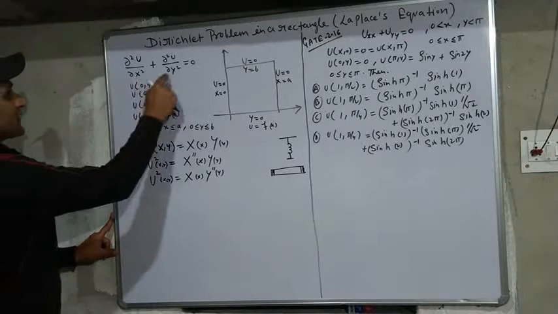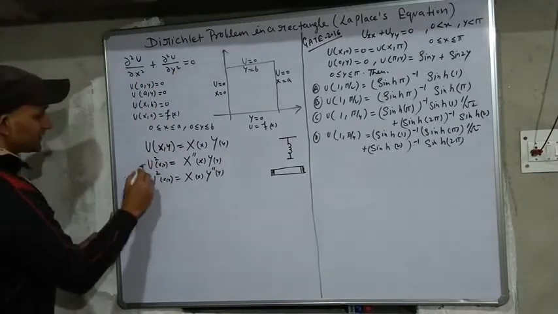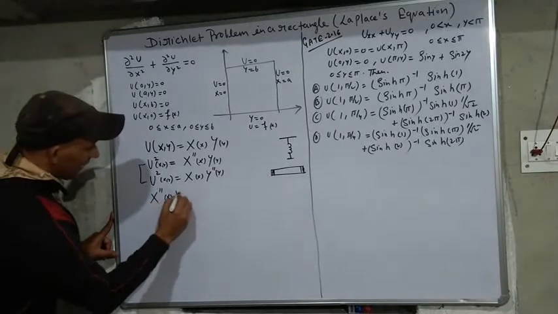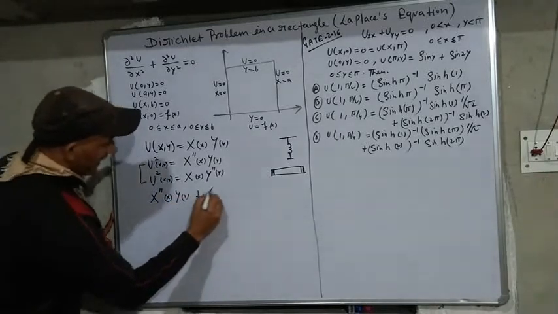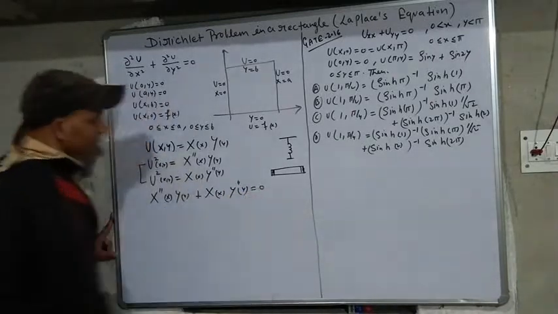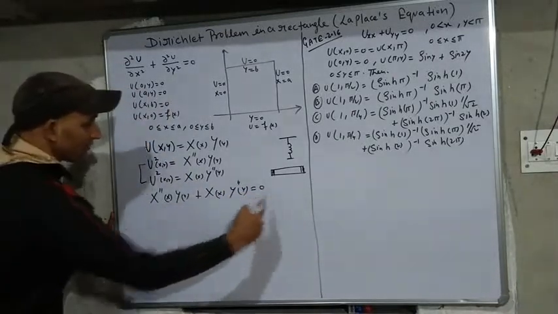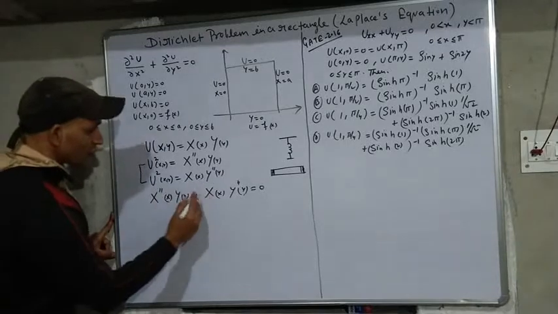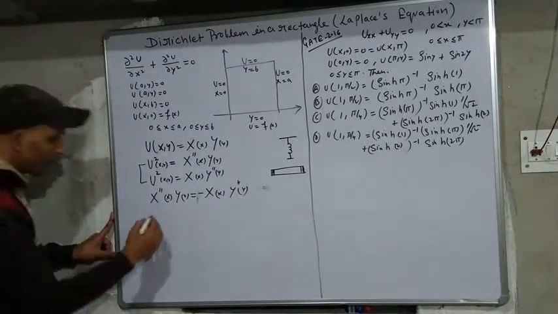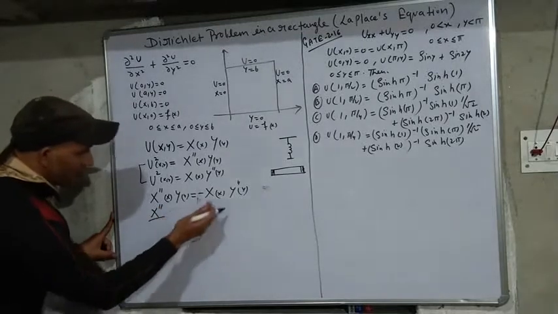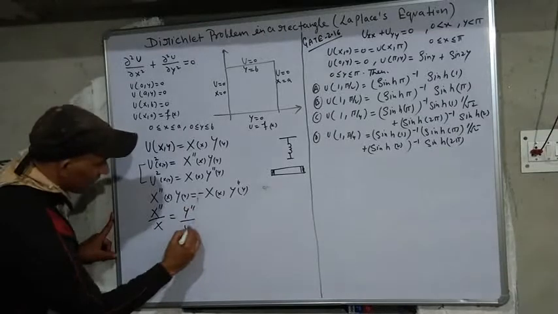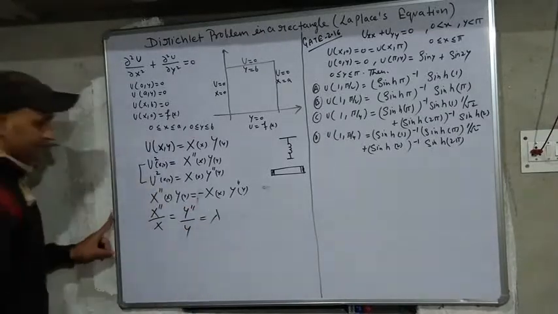Now this plus this is equal to 0, so X double dash Y plus X Y double dash is equal to 0. Dividing, X double dash upon X is equal to minus Y double dash upon Y. Let this be lambda.